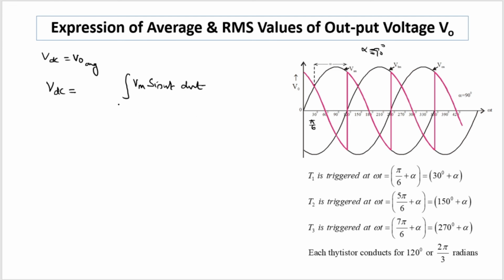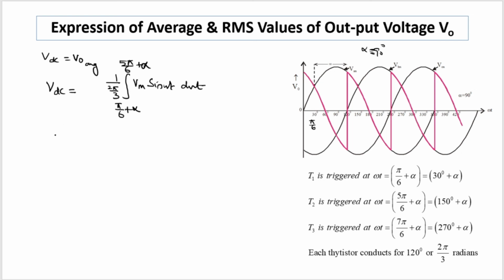The starting limit will be pi by 6 plus alpha, the last limit of T1 is 5 pi by 6 plus alpha, because all cycles are identical, that's why we'll take only one case. The duration of one cycle, in this particular case when T1 is triggered, or T2 is triggered, or T3 is triggered, is 2 pi by 3, so 1 upon 2 pi by 3. So this is how we find out the average value.